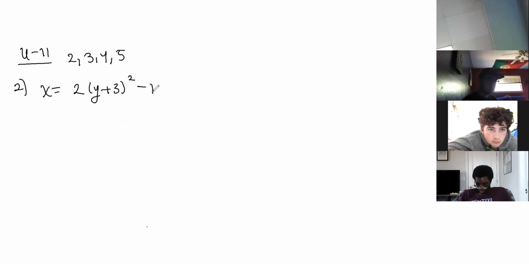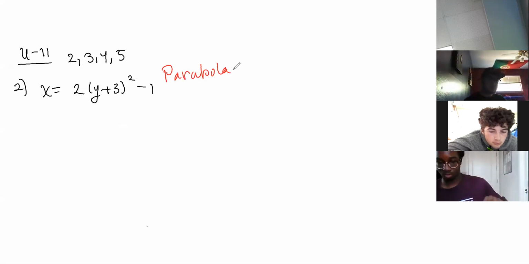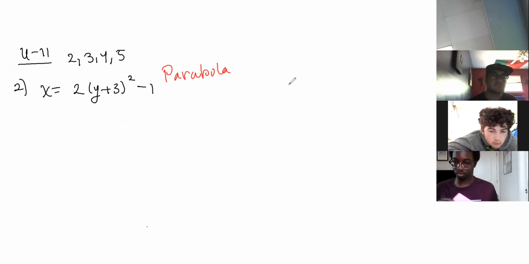Which one is it? There's only one squared, and because there's only one variable being squared, there's only one shape that does that. Anybody know which one it is? Parabola. Yeah, a parabola is the only shape that has only one variable being squared.